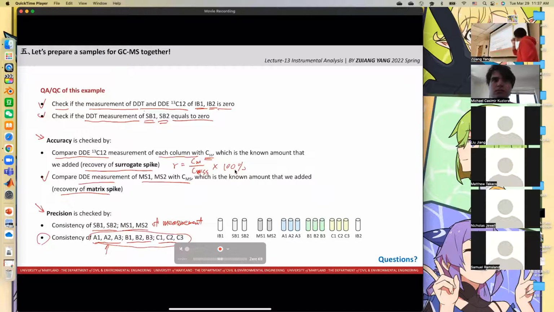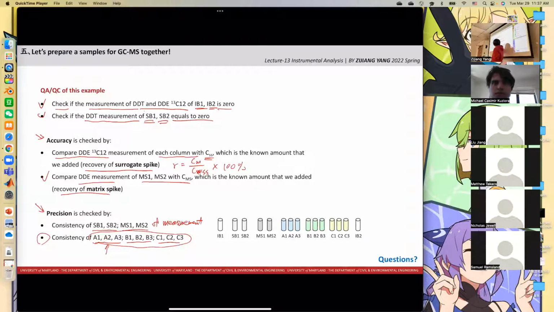There's one more thing I want to add. For the accuracy requirement, different measurements or different chemicals may have different standards. In my experiment for DDT, we want it to be 80% to 110%.